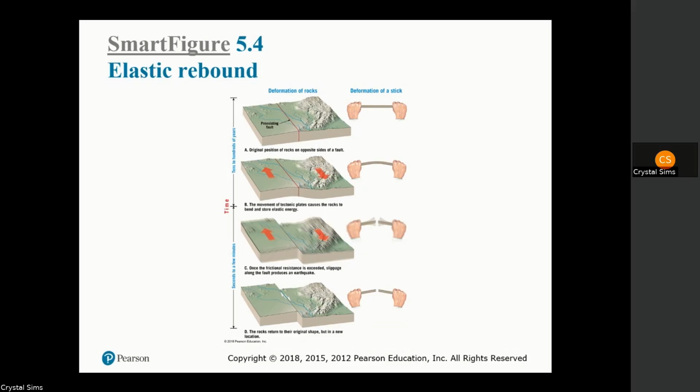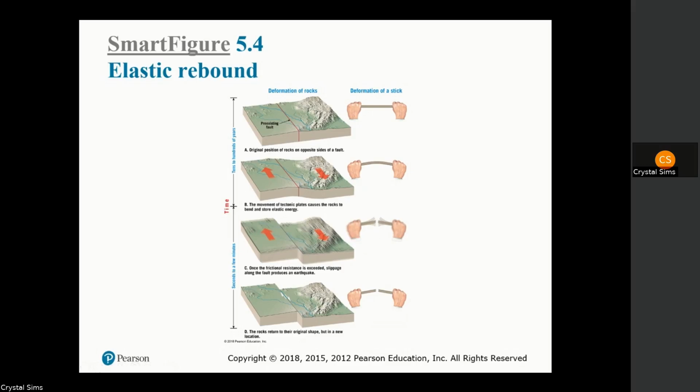But eventually, as you continue bending, you're going to get breaking. Once that slippage occurs, it allows the deformed or bent rock to snap back into its original stress-free place, and that is what leads to the waves that originate out from that point.